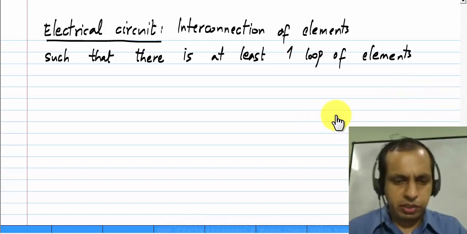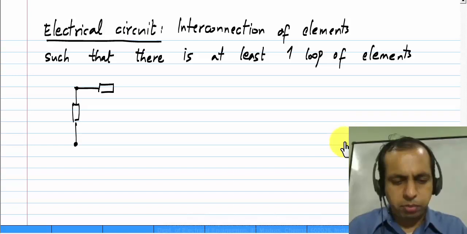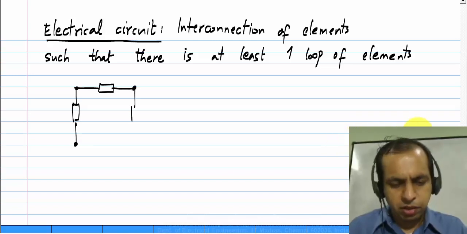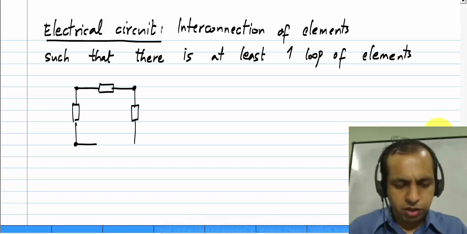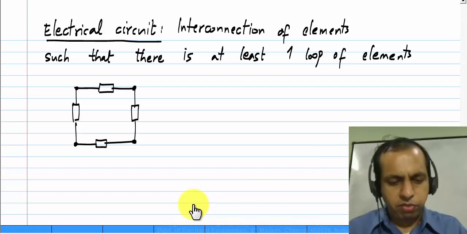I'll show this with examples of two terminal elements. So we can have some components. Let's not worry about what these components are at the moment. So we can have a number of components connected here. A loop is something where you start from a node and you trace the elements, and somehow or the other you can go through many elements and come back to the same node.